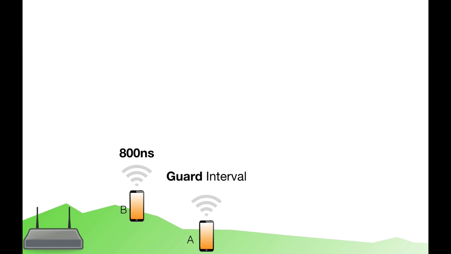Mostly we use a guard interval of 800 nanoseconds, but since 802.11n we can also use a short guard interval of 400 nanoseconds. It can help you increase the throughput in your Wi-Fi deployment, but don't use short guard interval whenever you have high density deployment.